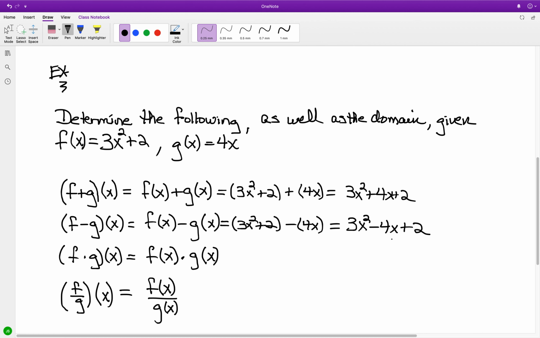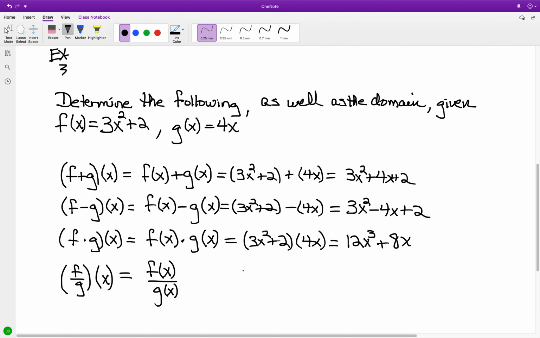Now for the product function f times g of x, breaking this up, we have f of x times g of x. That is 3x squared plus 2 quantity times the quantity of 4x. Multiplying, 3x squared times 4x comes out to 12x cubed, and 2 times 4x ends up at 8x.